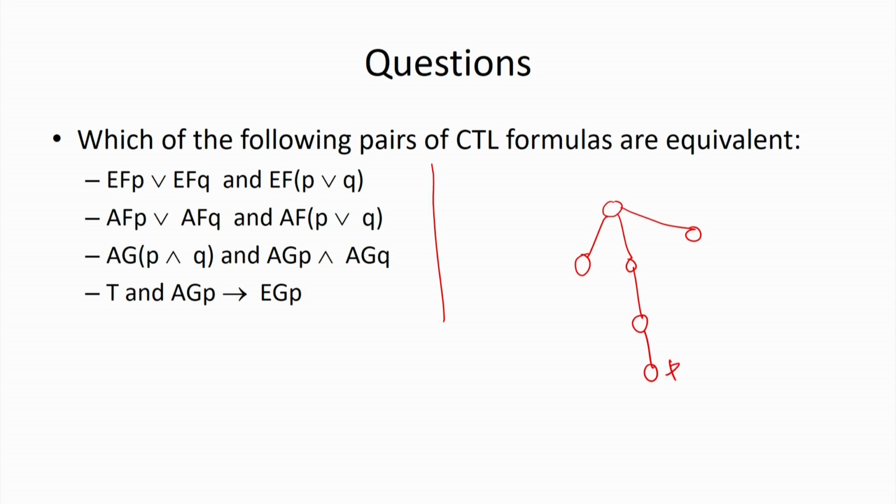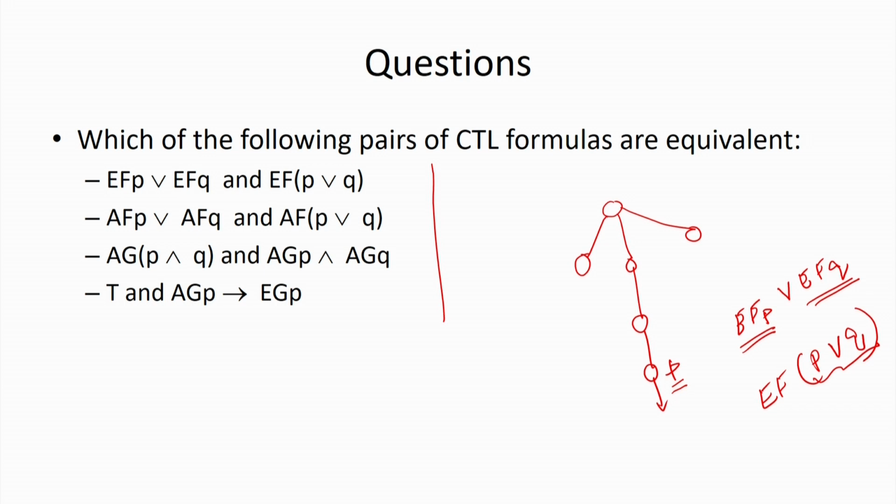There exists a path in future, at least we are going to get EFP is true, or EFQ is true. Whether it is true or false is immaterial for us because one component is true. So, I am going to get that EFP is true at that particular point. Similarly, EF(P or Q). Since in this particular path somewhere P is true, that means in this state P or Q is true. So, EF(P or Q) will be true over here.